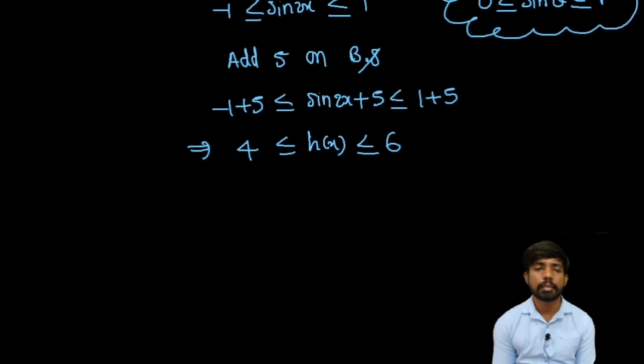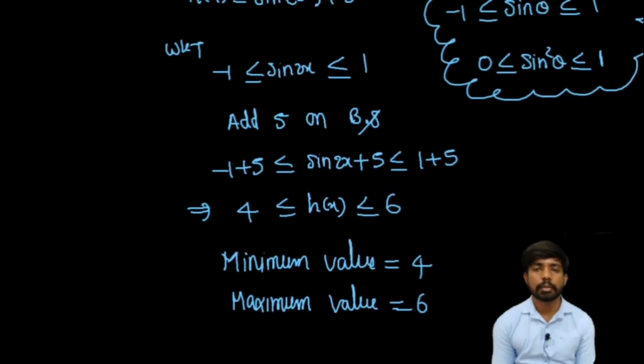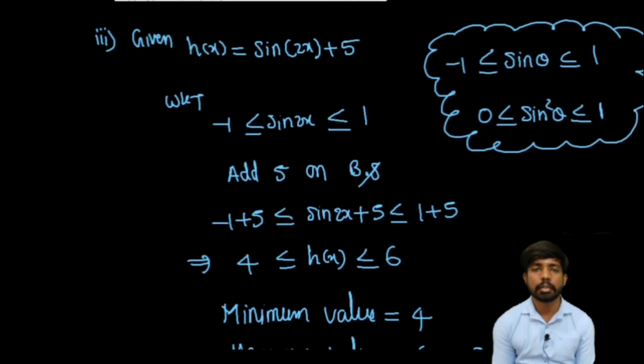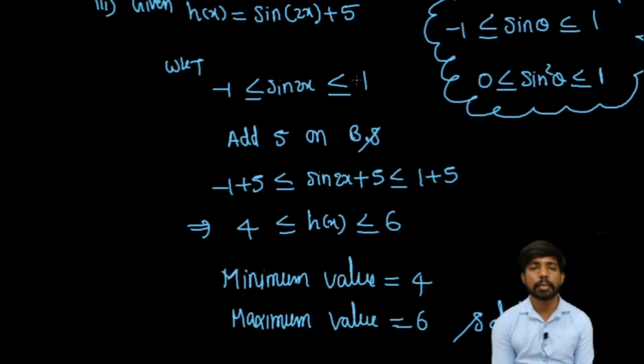Therefore the minimum value is 4 and the maximum value is 6. That's all. This is the solution for the given question. Since the range of sine 2x lies from minus 1 to plus 1, adding 5 on both sides gives the minimum and maximum values.